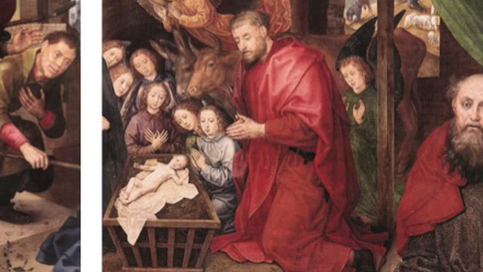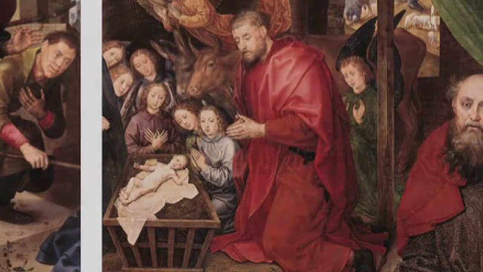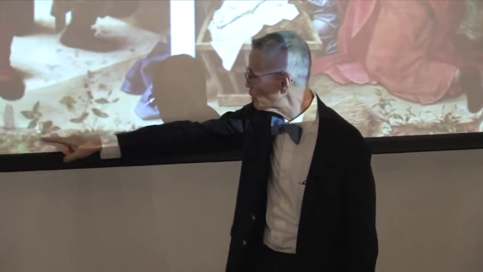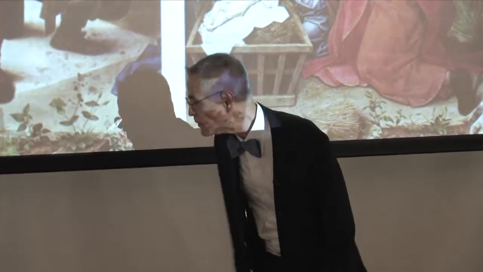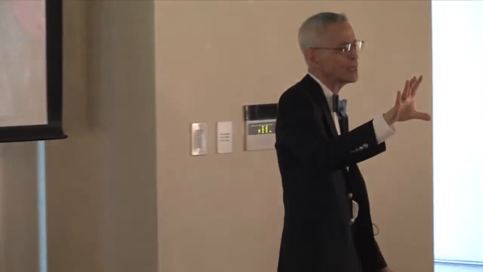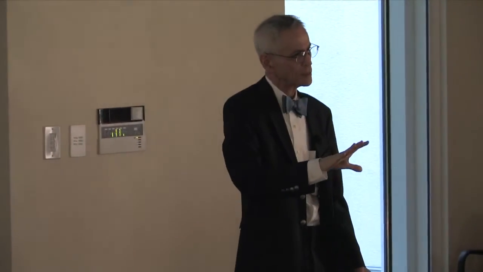Now, there's one other thing going on in this picture. Christ is holding a branch of something, some sort of species of plant, and it's the same plant you see growing over here. And in fact, all of these plants were part of the pharmacopoeia of the monks of the Red Cloister.